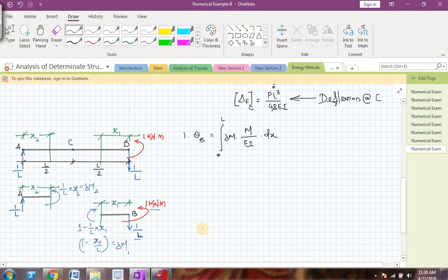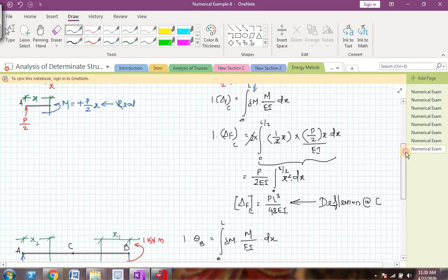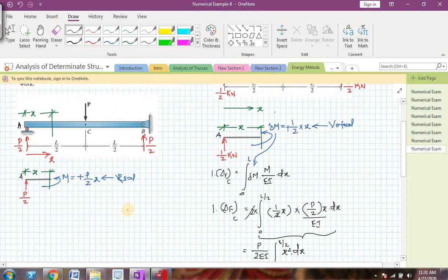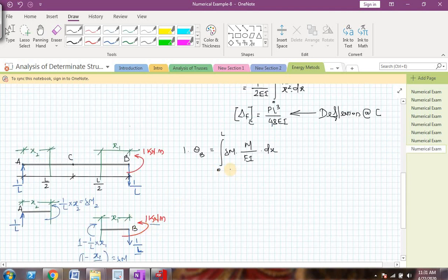Similarly, we can even calculate the real moments because of the application of this 1 kilonewton. We already calculated that real moment here, that is P by 2 into x. Substitute all these things in this equation. So let me just write that. Theta B is equal to, first I will write for segment AC. So segment AC will have the limits 0 to L by 2.